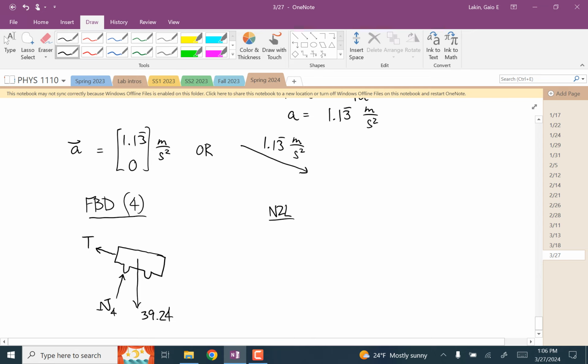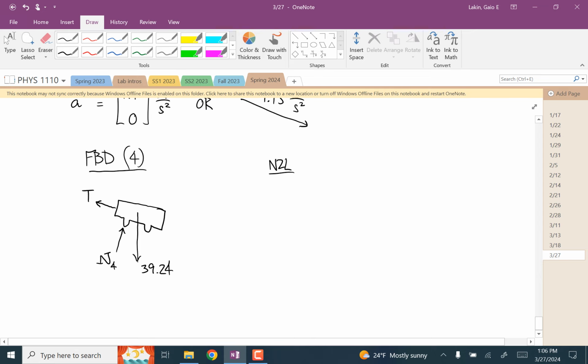So Newton's second law, we have 39.24 times the cosine of 290, 39.24 times the sine of 290, plus 0, N4.